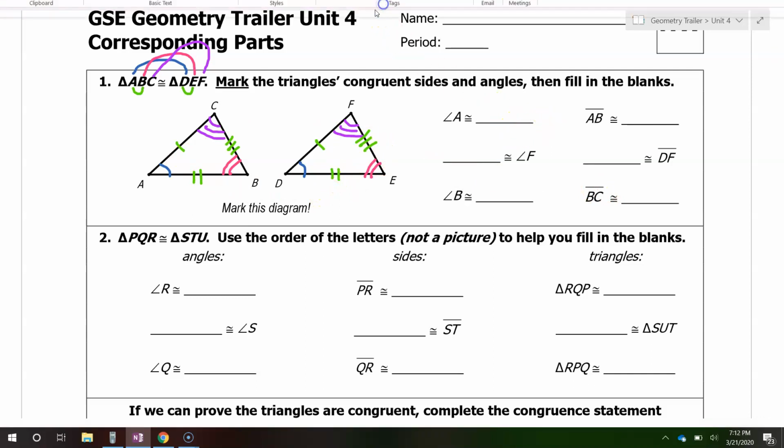And in retrospect, I should have written this down as I went. But we decided that angle A is congruent to angle D. We decided that angle C was congruent to angle F, and angle B was congruent to angle E. We decided that side AB is congruent to segment DE, and segment DF is congruent to segment AC.